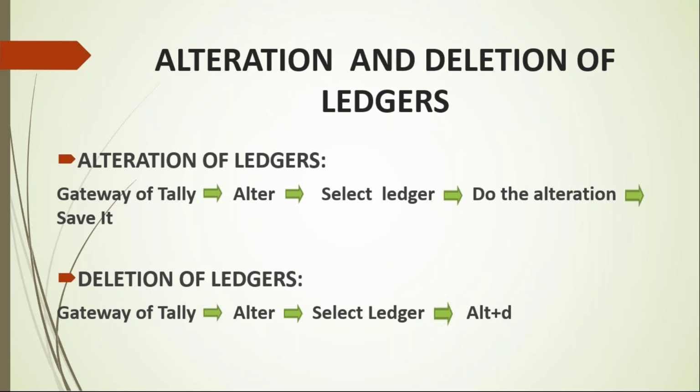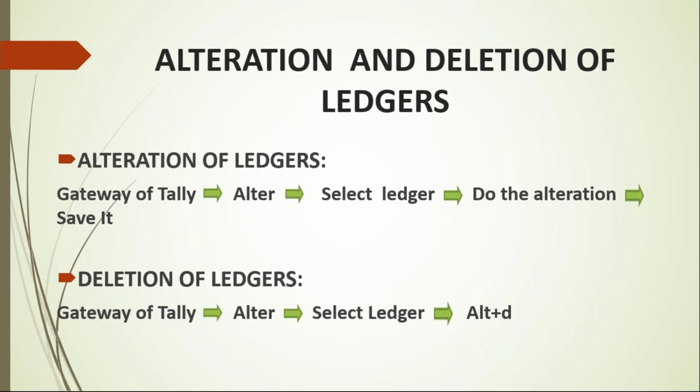Now if we talk about the alteration of ledgers, if you would remember, how did we alter the company's details when we had created the company? We had selected the alter option, and then in the company alteration screen, we had made the necessary updations. In the same way, if we have to update or change any detail, or add or delete, whatever changes have to be made, it has to be done only in the alteration screen.